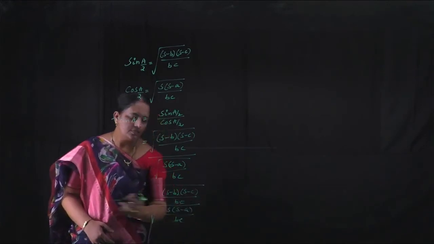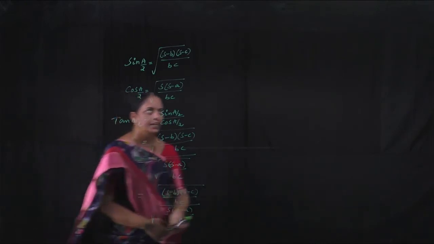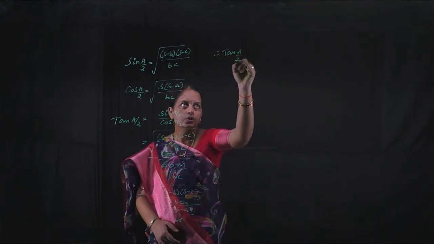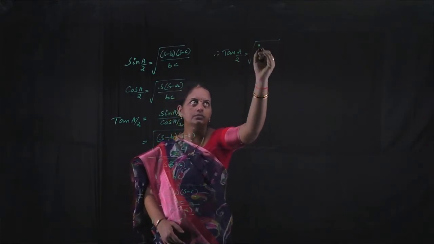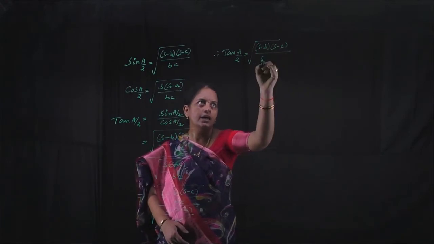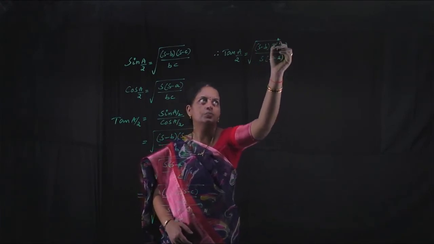Here bc gets cancelled. Therefore, tan A/2 is equal to root of (s−b)(s−c)/(s(s−a)).